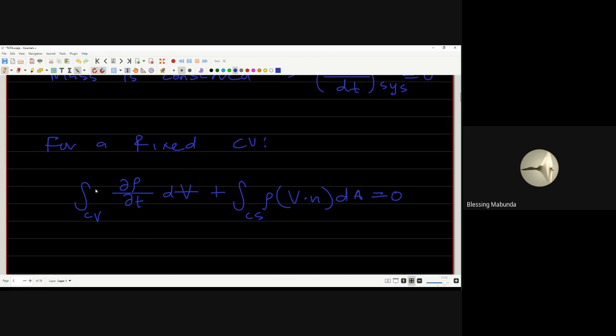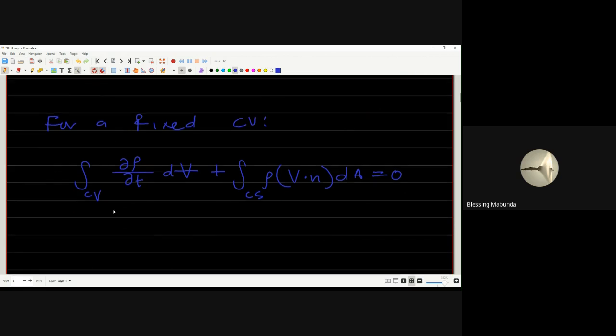And what normally happens, like with the equation we have above, is that we're looking at d dt of the integral over the CV of rho dV, plus the integral of rho V dotted with n dA, that's equal to 0. So you saw how we solved that, right?